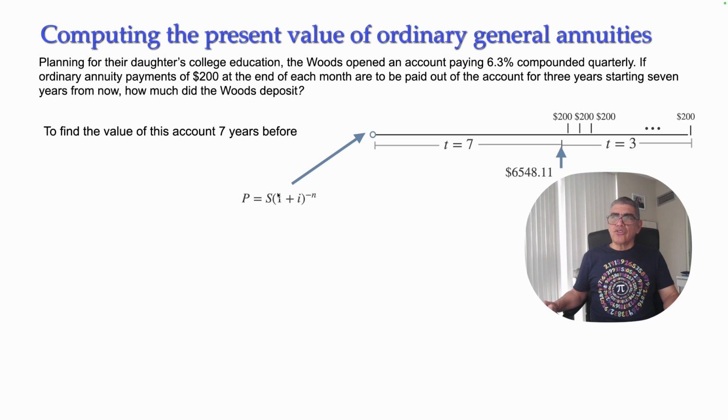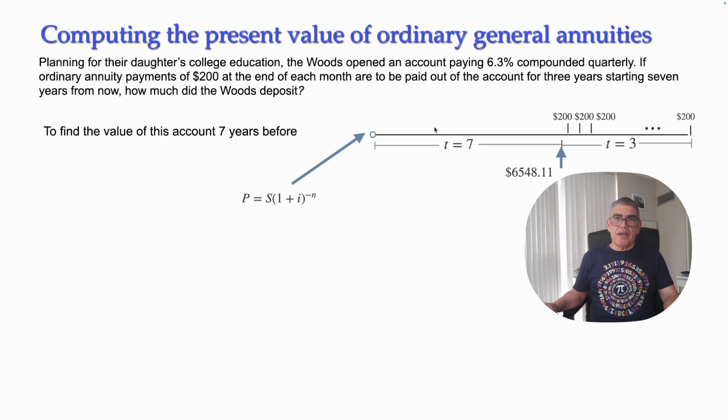We are going to use this formula, present value equals future value times (1 plus i) to the power negative n, where S is the future value of this period.